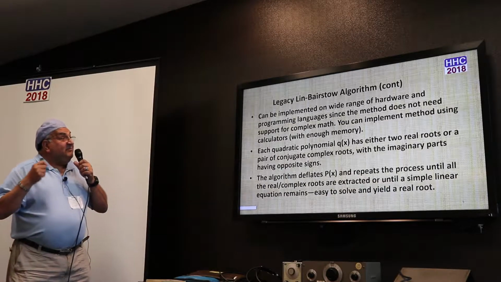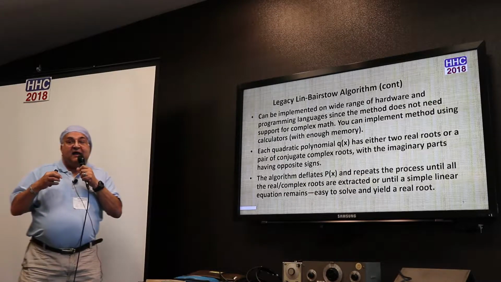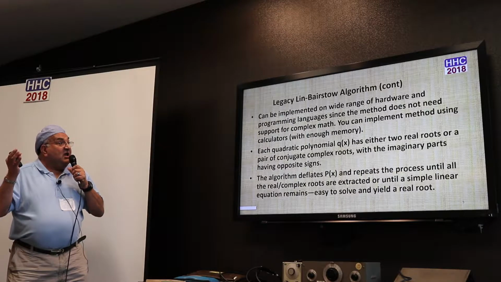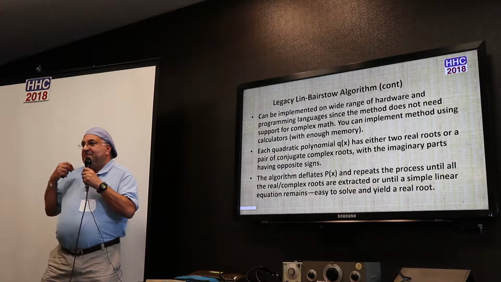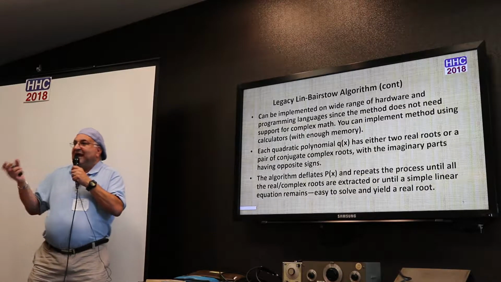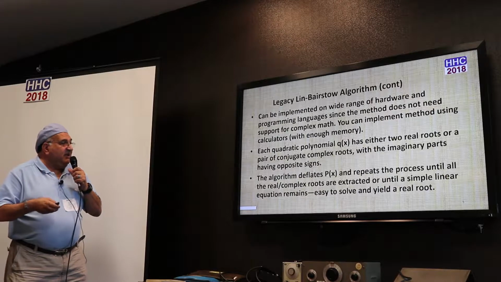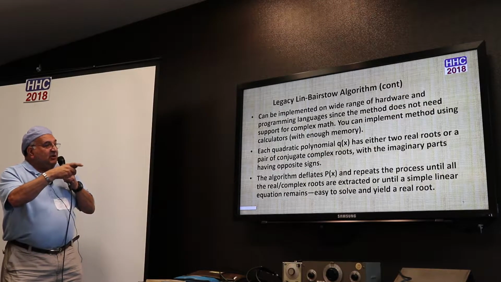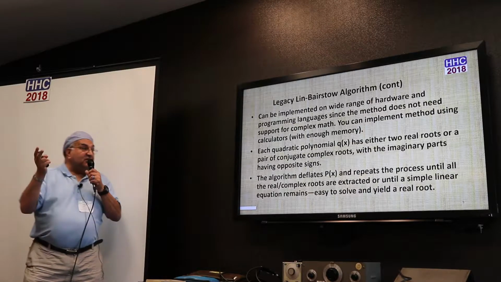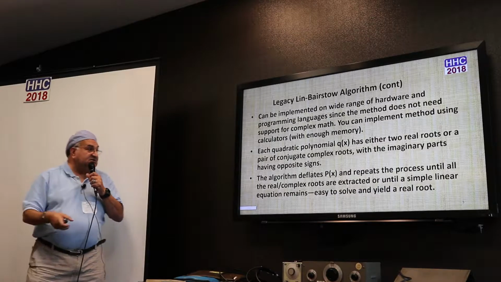Now the legacy Lin-Bairstow is one of my favorites, and it can be implemented on a wide variety of hardware and programming languages, because it doesn't really need support for complex math. So you can implement it on calculators like the 41, 42. You need a little bit of memory. Each quadratic polynomial has either 2 real roots or a pair of conjugate roots where the imaginary parts have opposite signs.